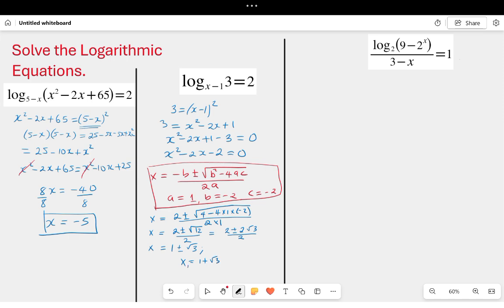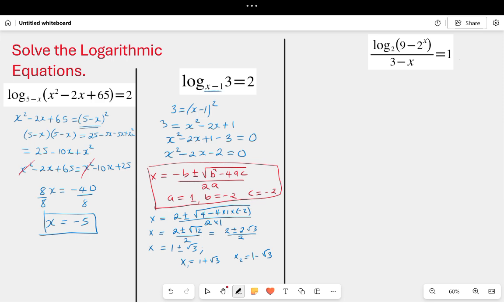That's the first solution. The next solution will be 1 minus the square root of 3. So 1 minus the square root of 3 is going to give us a negative, and the base of a logarithm here should never be a negative.